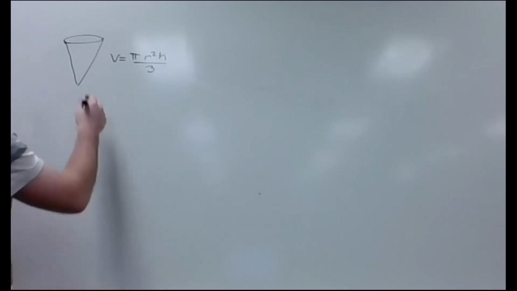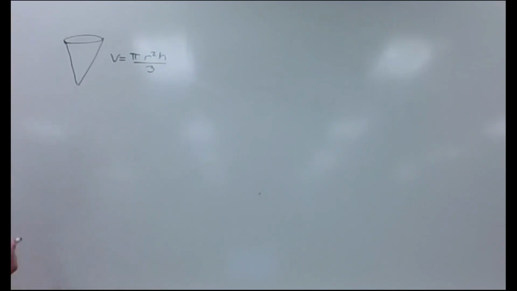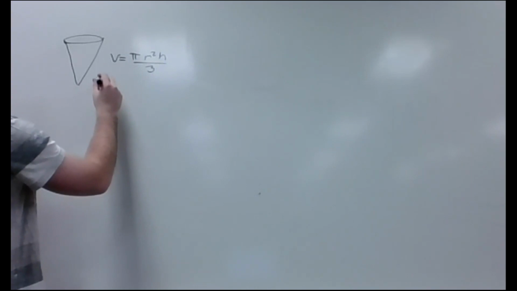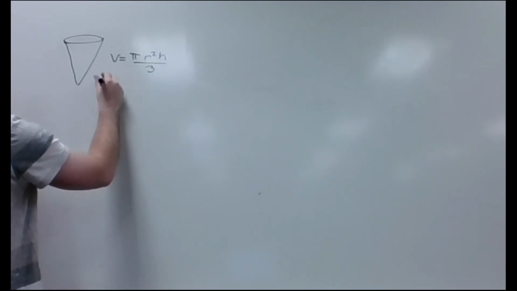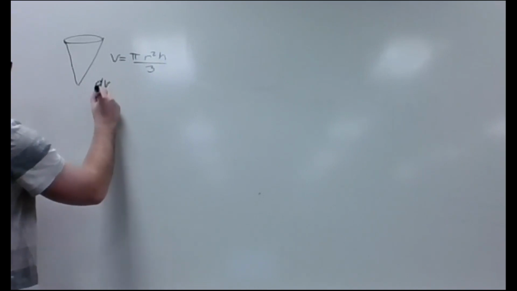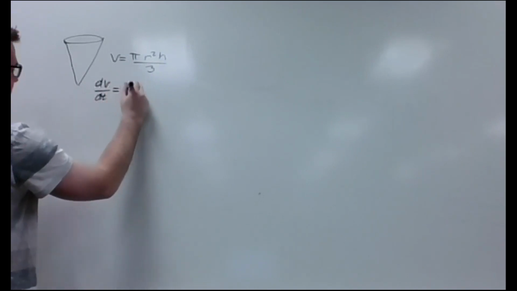And let's say that we're pouring sand into a cone or something like that, and we're pouring at a rate of 1 cubic feet per minute. Or let's say not 1, because that becomes easy. So let's say it's 3.